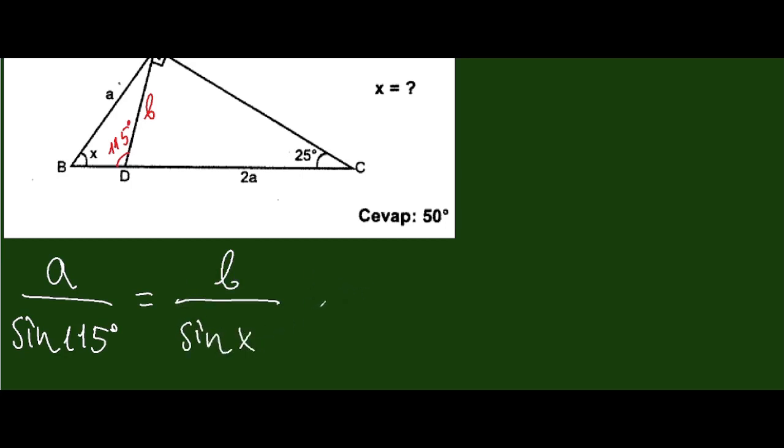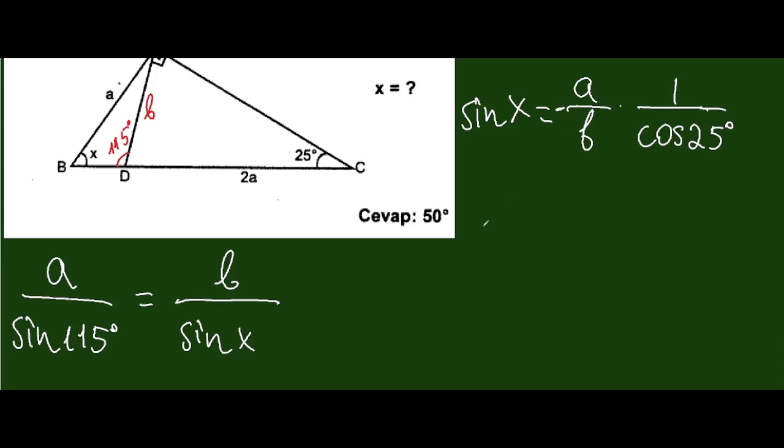We have to find x, so we'll express sine x with a and b, and we'll get that it will be a over b times 1 over sine 115 degrees, which will be cosine 25 degrees with a minus, if I'm not mistaken. I guess so.